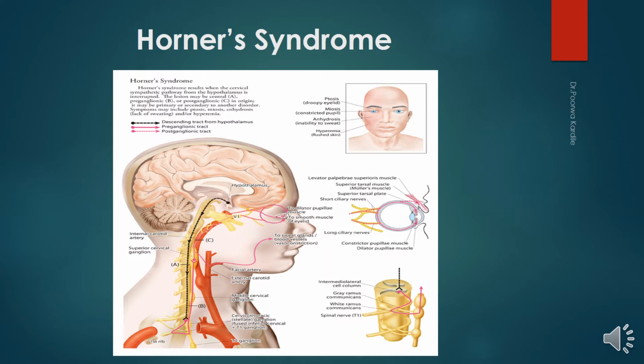Ciliospinal reflex means if we pinch the skin of the nape of the neck, it does not produce dilatation of the pupil when there is loss of ciliospinal reflex. So these are the signs and symptoms of Horner syndrome and the anatomical basis for it.